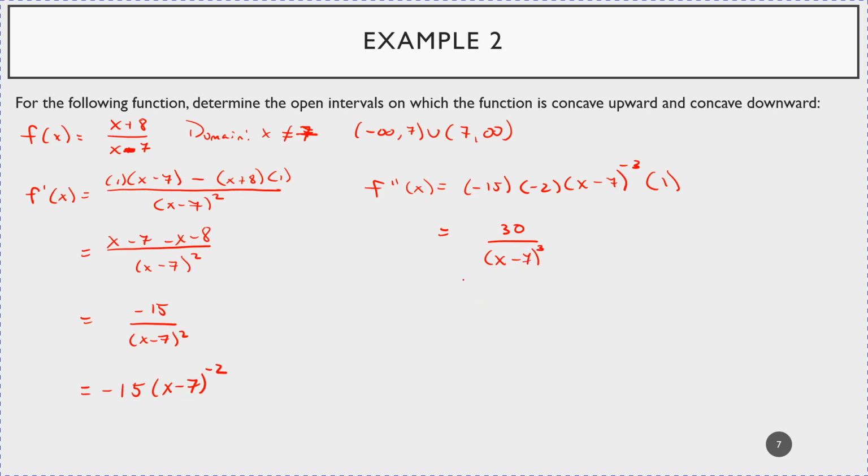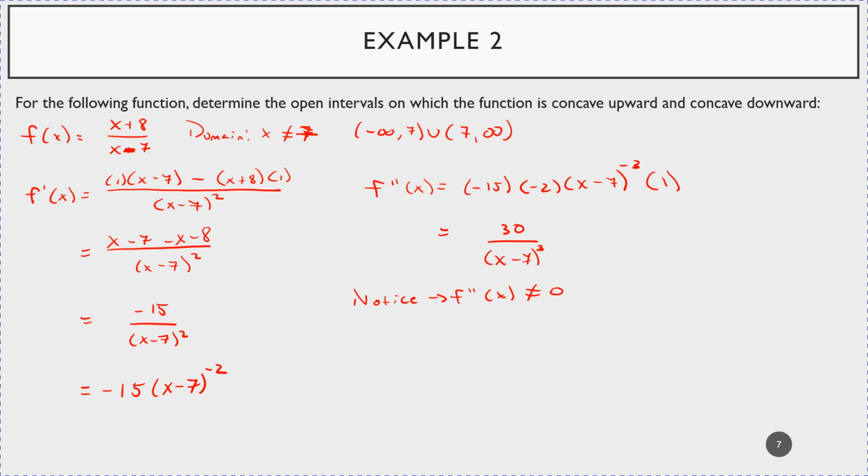Okay, so what's really interesting now is, you notice, f double prime of x can never be equal to 0. There's actually no way you can pick a value such that it's equal to 0. So the next part, it's kind of like, whoa, then how do I set up the intervals?